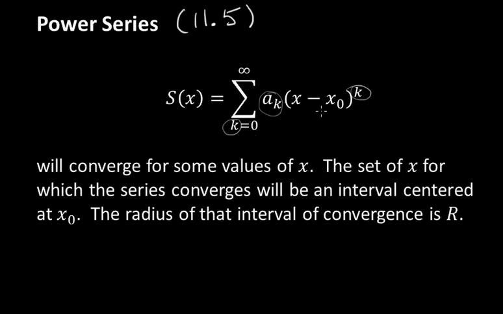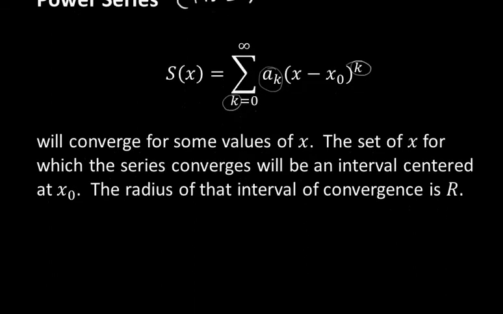The set of x for which the series converges will be an interval centered at x naught. The radius of that interval is the radius of convergence that we call r.